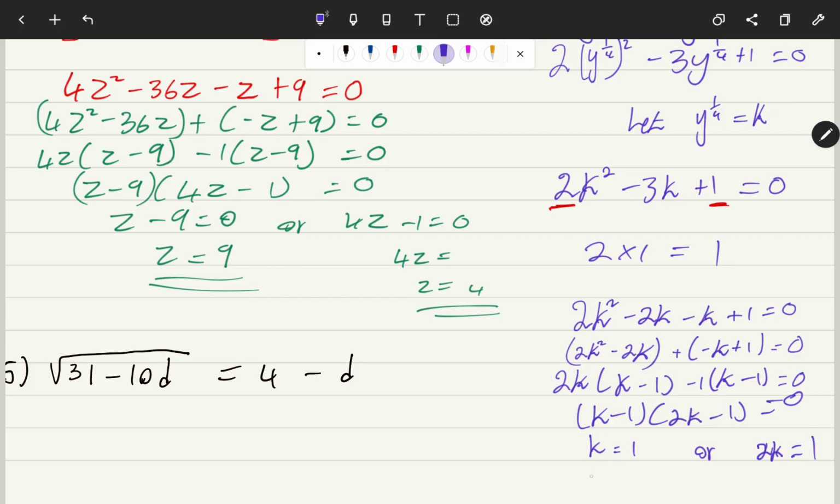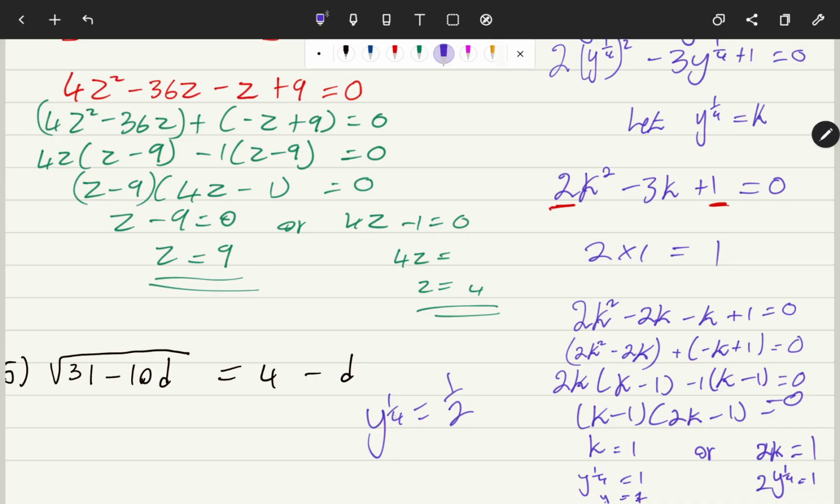Which of course you'll just say y to the power of 1 over 4 equals to 1, and 2y to the power of 1 over 4 equals to 1. Then you just solve. Maybe here you can say y equals to 1, but for this one you have to divide by 2 both sides, so you'll be having 1 over 2.